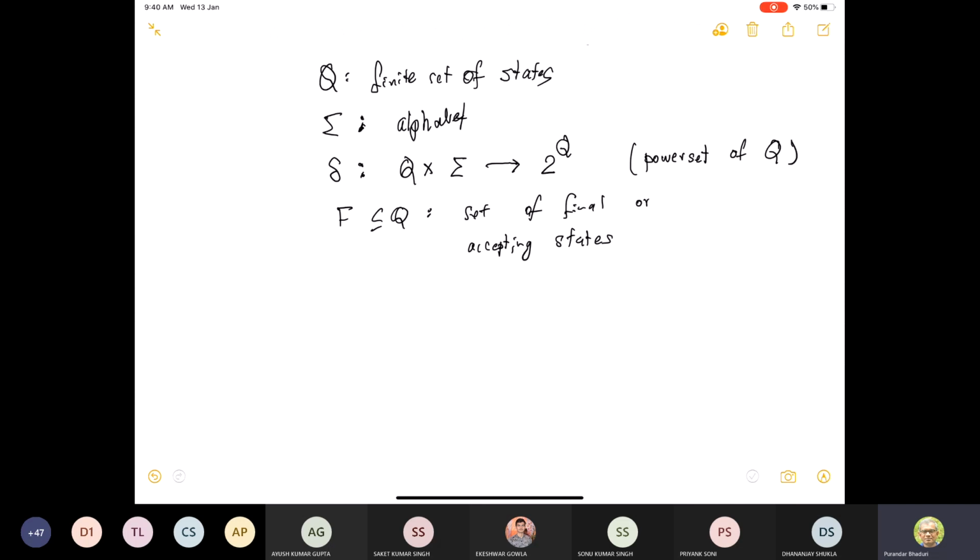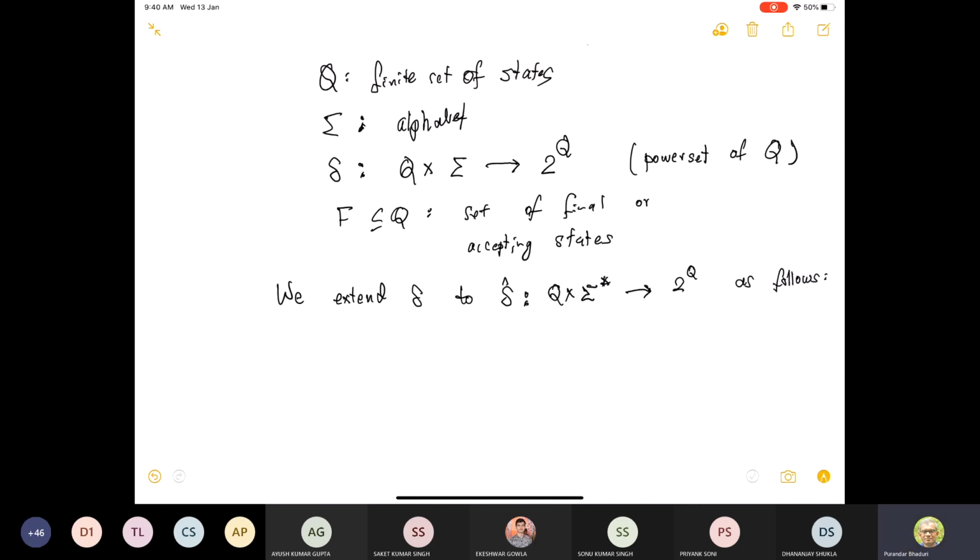And as usual, we extend delta to delta hat. But now it'll be Q cross sigma star to 2 to the power Q, the power set of Q, as follows.